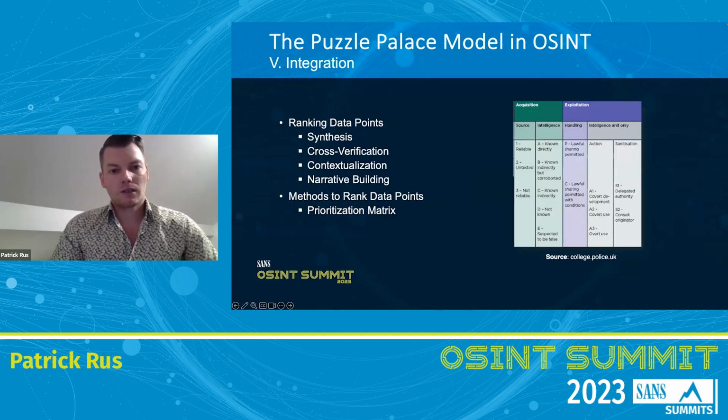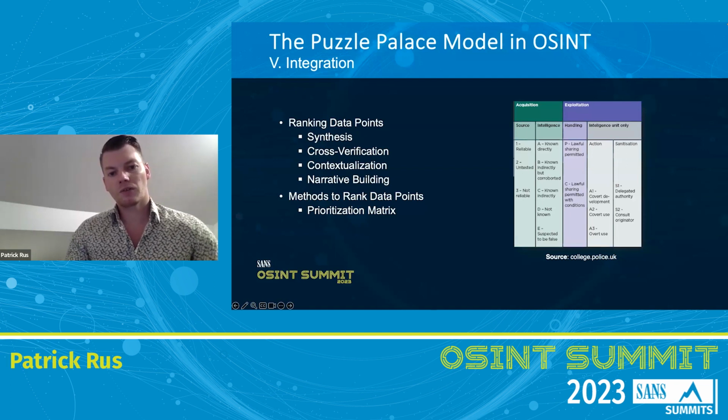All right. The fifth phase here is integration. So now we interconnected the data points, and we have an understanding of how these data points are connected between each other. But now we have to start building the report, and we have to rank the data points based on their relevancy.